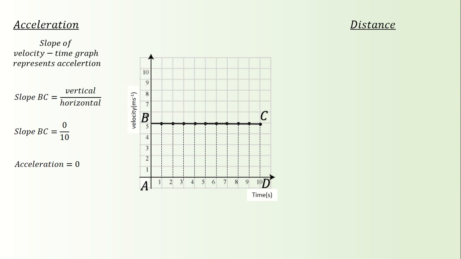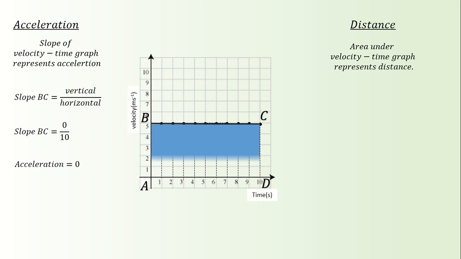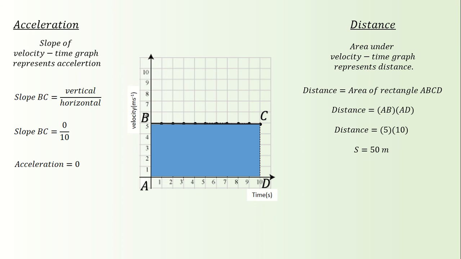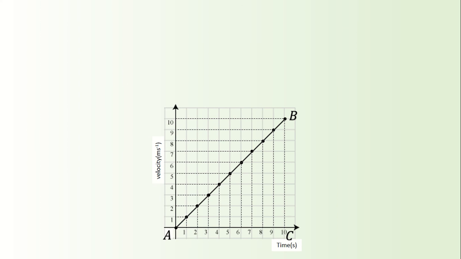Now we calculate the distance. We know that the area under the velocity time graph represents the distance. Here, the shape formed is a rectangle. So distance is equal to the area of rectangle ABCD. Distance is equal to AB multiplied by AD. By putting the values, 5 into 10, S is equal to 50 meter. So the body covers 50 meter distance in this case.